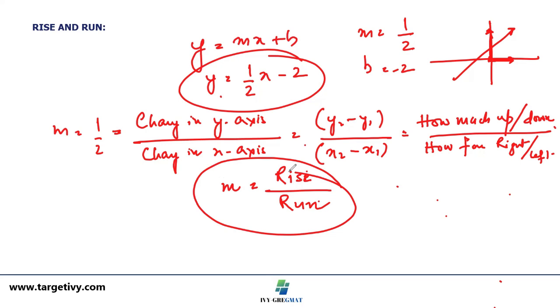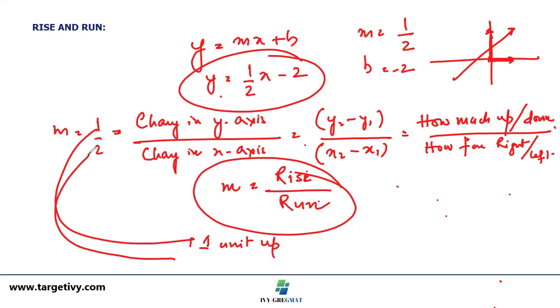So in this case, it is 1 unit up and 2 units to the right. So in an equation, by merely looking at it, if I plot it on a graph, it will become like this: 1 unit up and 2 units right, and it will be a positive slope.